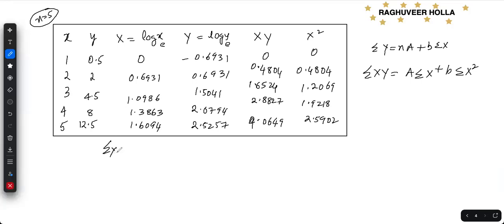So summation of X is 4.7874, summation of Y is 6.1092, summation of XY is 9.0504, and summation of X square is 6.1993.